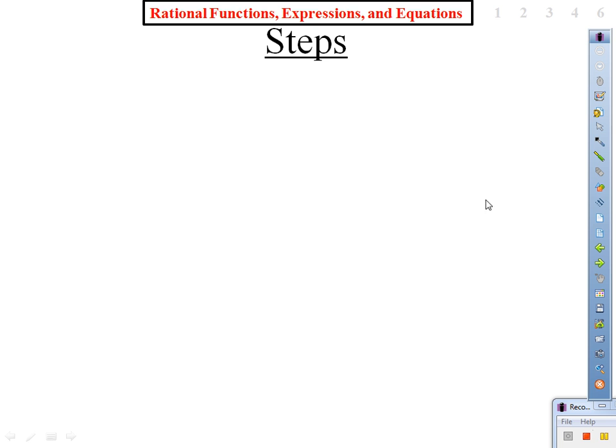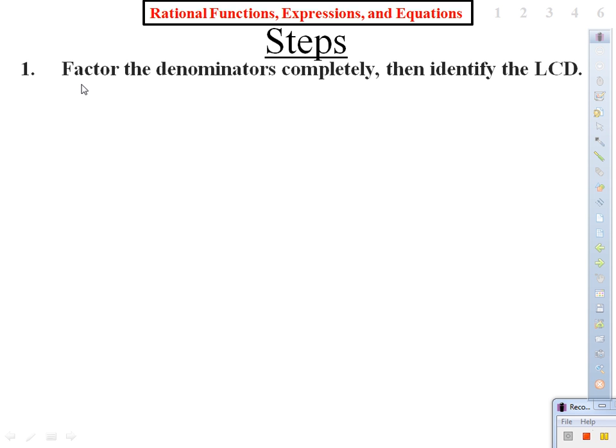So, steps to add and subtract. Pay attention to this. Step 1, to add and subtract, I need to make sure that there is a common denominator. If there isn't, I need to factor the denominators completely and identify the LCD, or the least common denominator. Let me repeat that again.